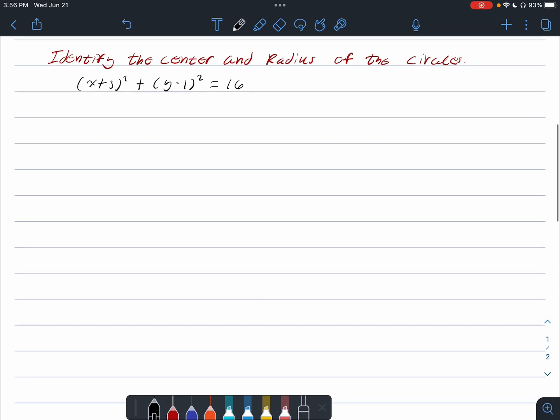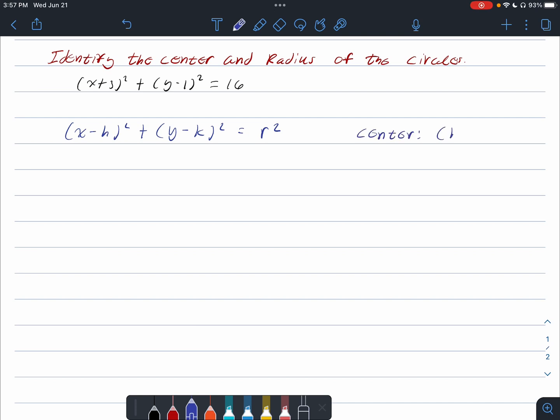So if you recall, the standard form of a circle is given by (x minus h) squared plus (y minus k) squared is equal to r squared. And our goal here is to find the center and the radius.